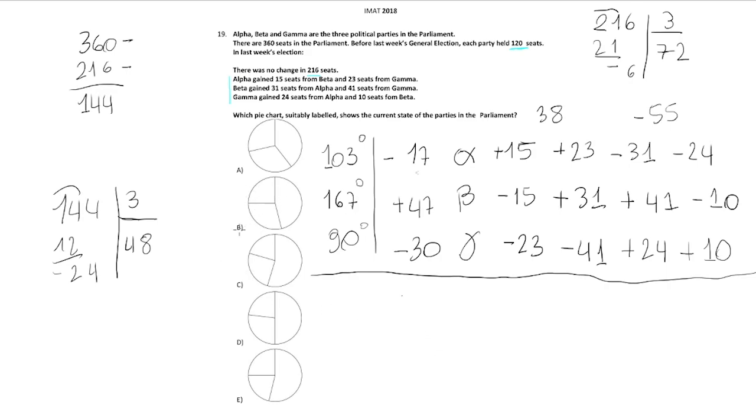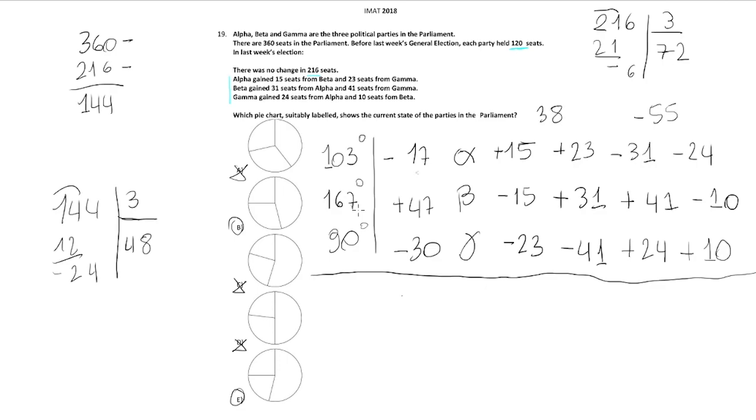So this number is actually a candidate. Then we have this other number that is also a candidate. The others are not candidates because we don't have a right angle, a 90 degrees angle, and we don't have a 90 degrees angle in chart A. So we are left with letter B and letter E.